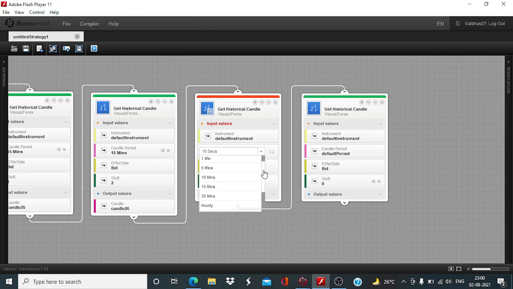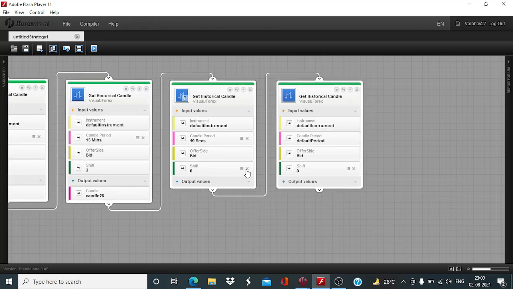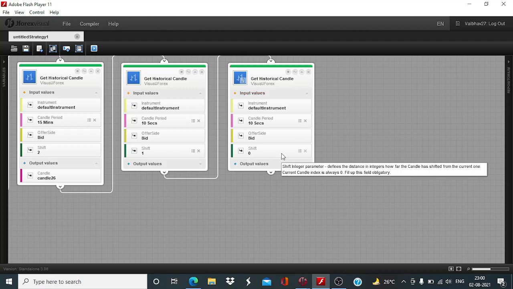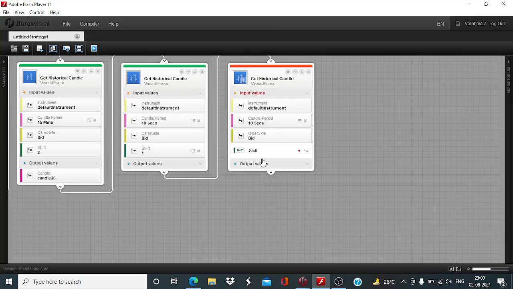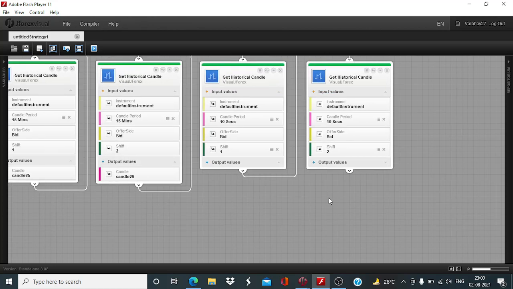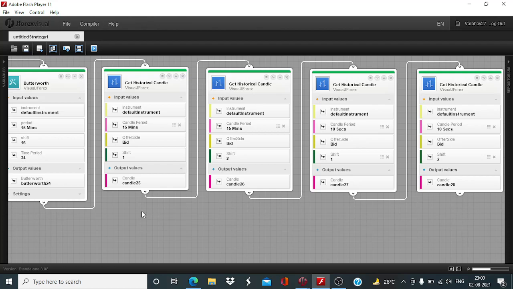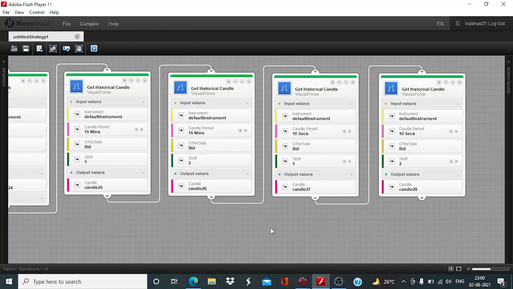Ten seconds, and shift value will be 1. This block also needs to be changed to 10 seconds, and shift is again going to be changed to 2. Okay, so we will be comparing the output value of candle 27 and candle 28 to the closing value of candle 25 whenever we will be placing the order.